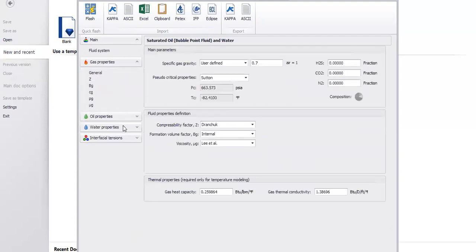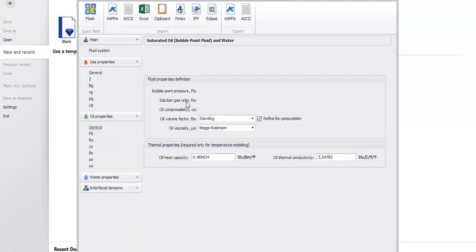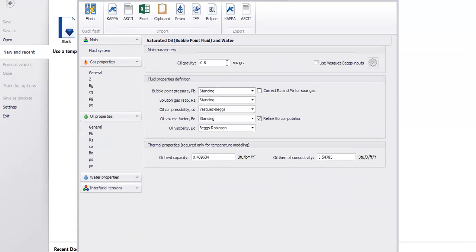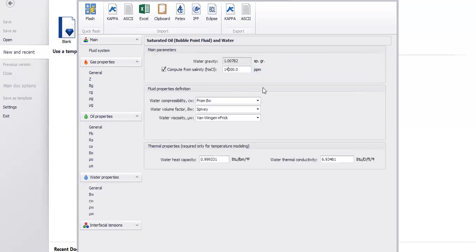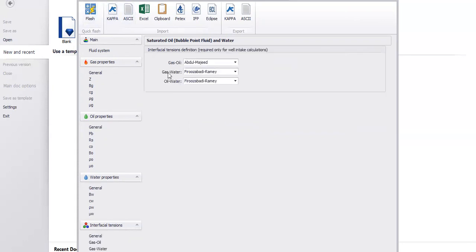For the gas 0.7, for the oil it's 38 degrees API, and for the water it's 14 ppm. All right, interfacial tension.